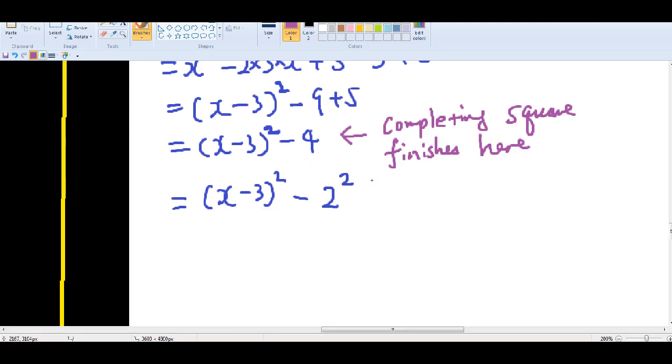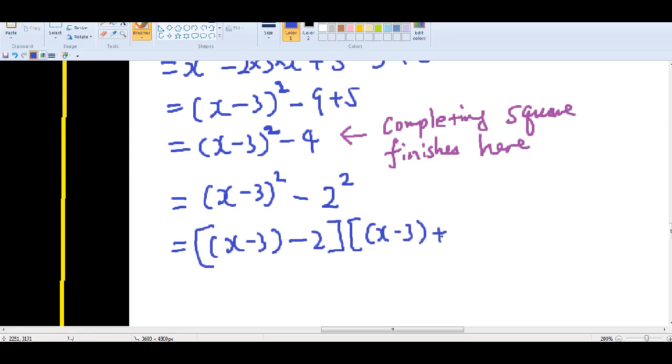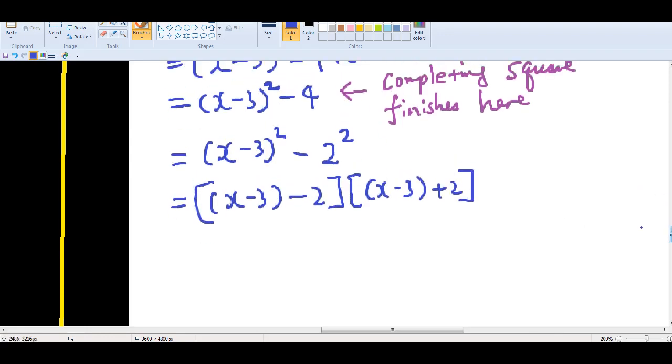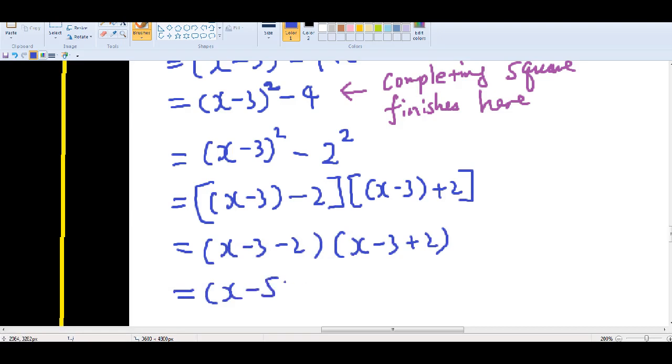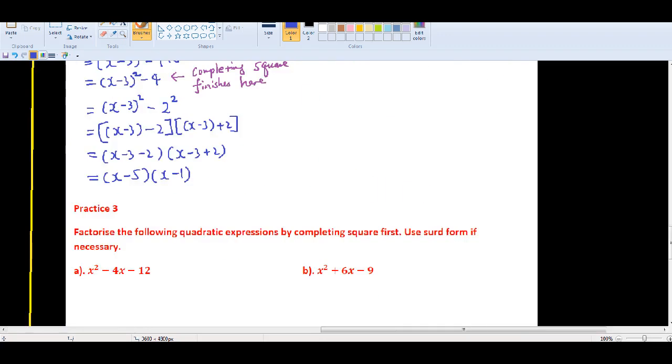But you still need to do the factorization, right? So you need to continue. So you got that into a squared minus b squared, and you will have (x minus 3 minus 2)(x minus 3 plus 2). And of course you need to simplify this, and you will get this one, right?